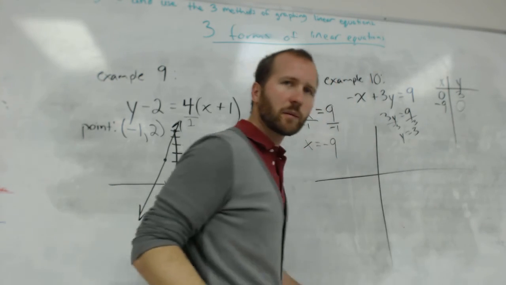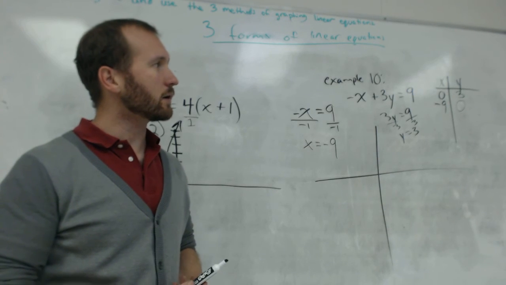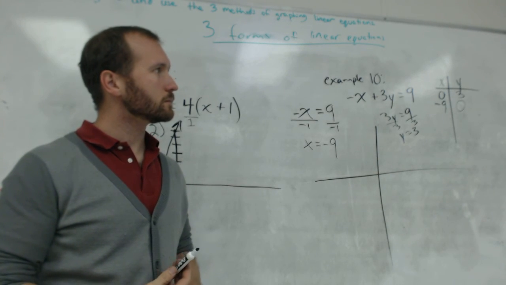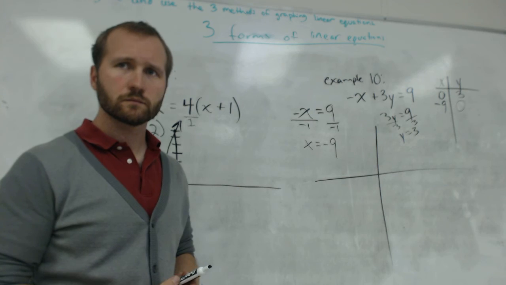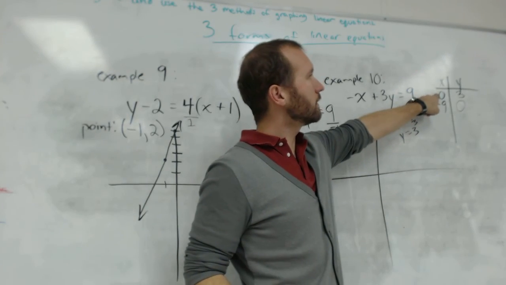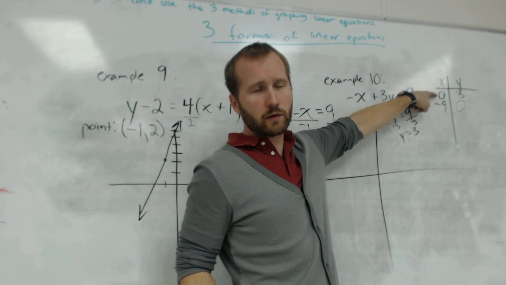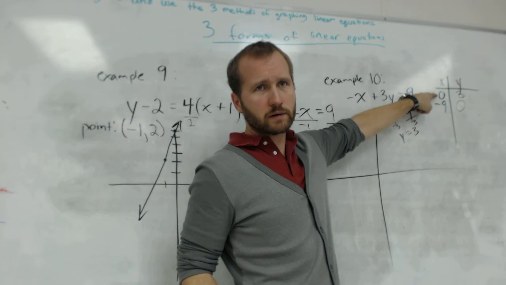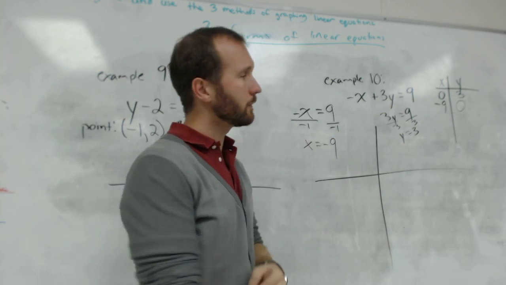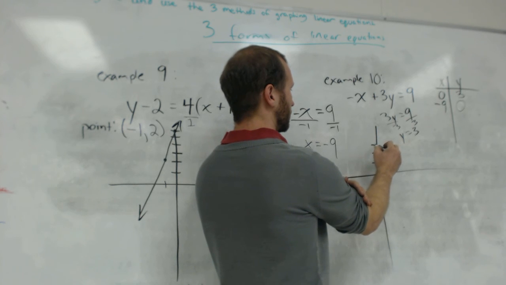What do I do with that information? I can graph it now. How do I graph it? Where is this point, 0 and 3? Just up 3.